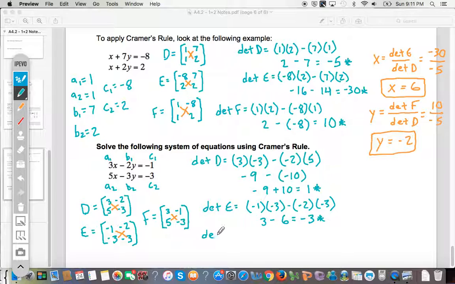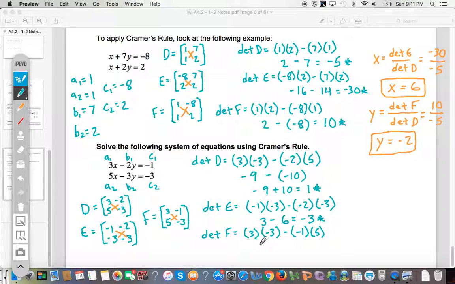Last but not least, we have determinant F. Okay, so for determinant F, we have 3 times -3 minus -1 times 5.